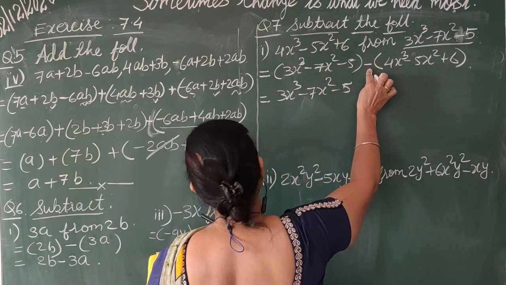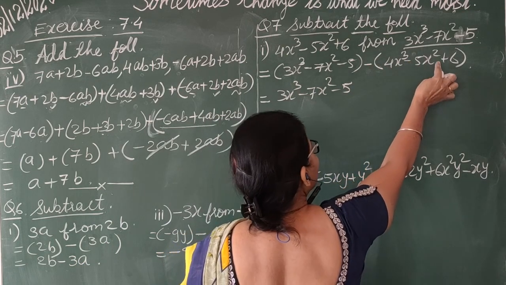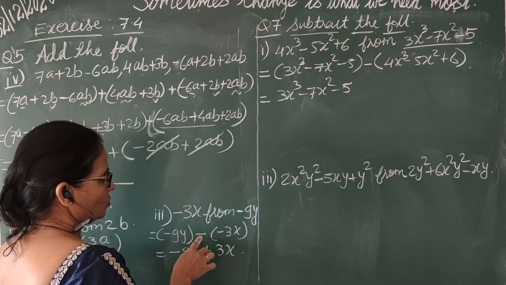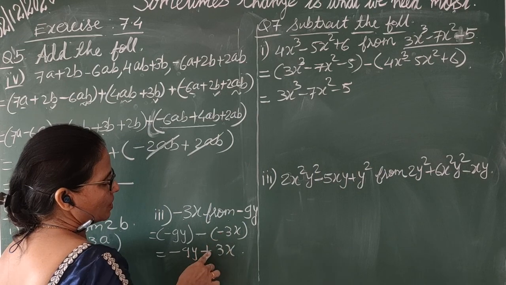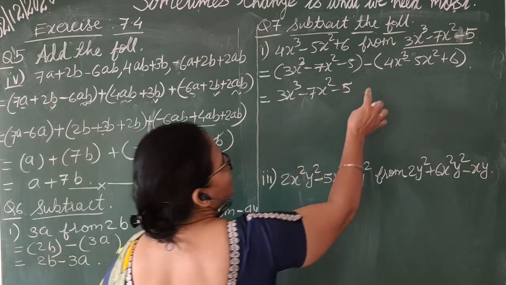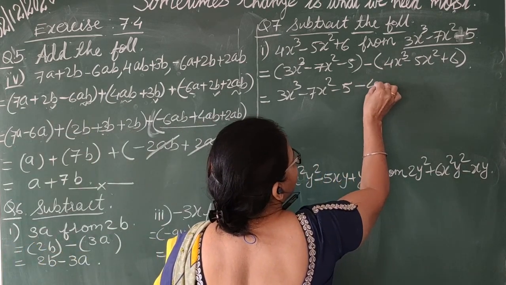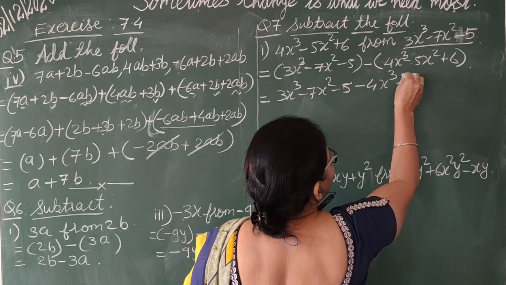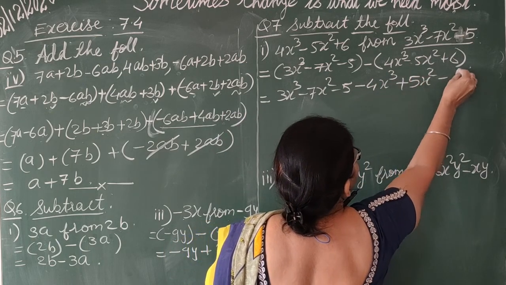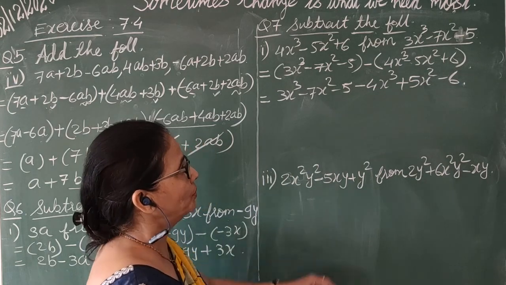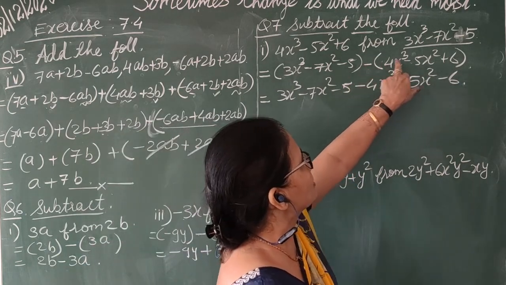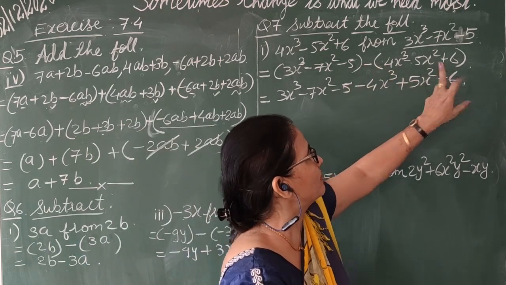So whenever a minus sign is there, all the signs will change. As here also minus was there, so this minus becomes plus. In the same way, this plus 4x cube becomes minus 4x cube. This minus becomes plus, and here it will be minus. You know minus into plus is minus, minus into minus is plus, minus into plus is minus.